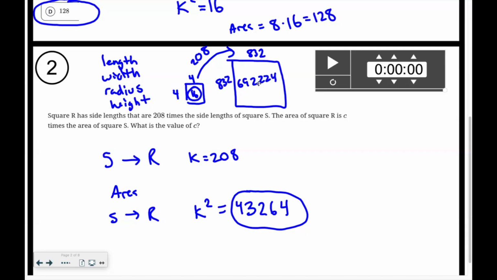This is an option to do this problem. Then you'd ask how many times this area is that area, dividing them to get the answer. My point is, if we take the time to understand scale factors, you could save a lot of time on these problems. And this is what the SAT does. They create scenarios where you could do it one way and take a while, or you can understand a quicker way to look at it.